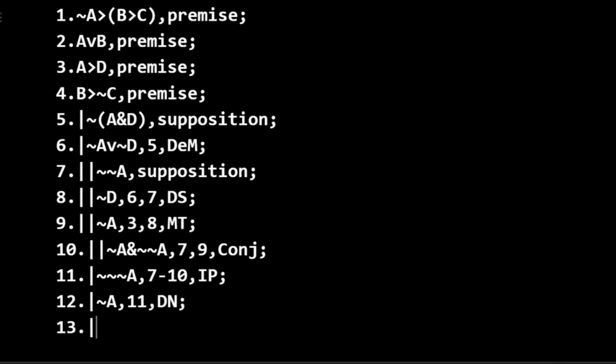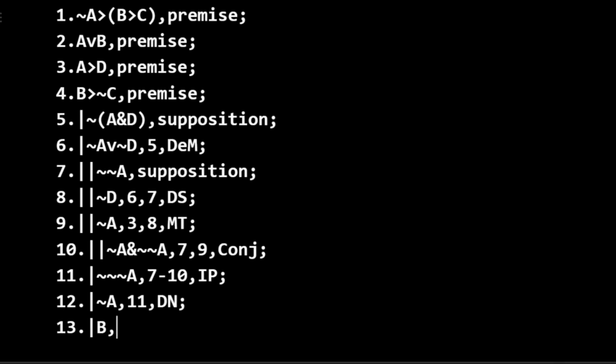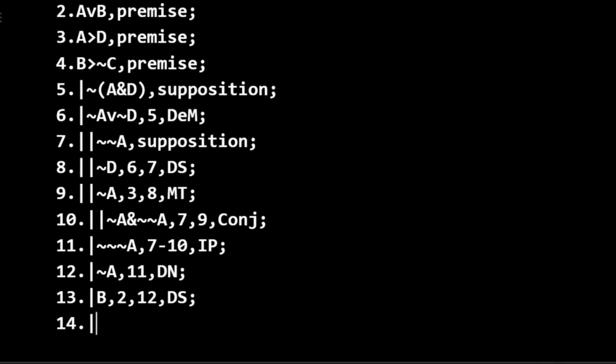Okay, and not A gives us B from lines 2 and 12 by disjunctive syllogism. And B gives us not C from lines 4 and 13, modus ponens.